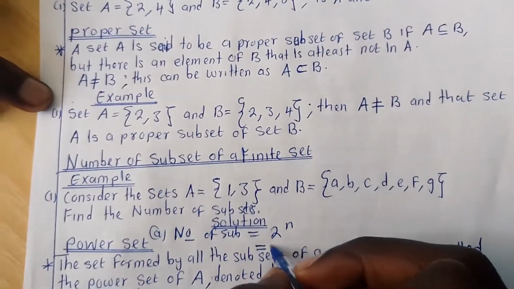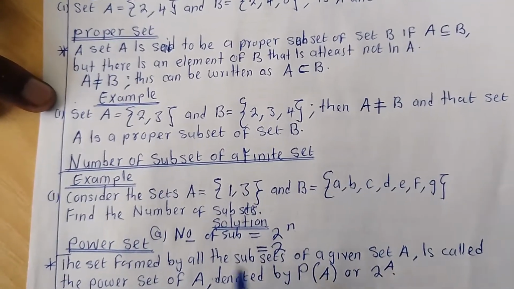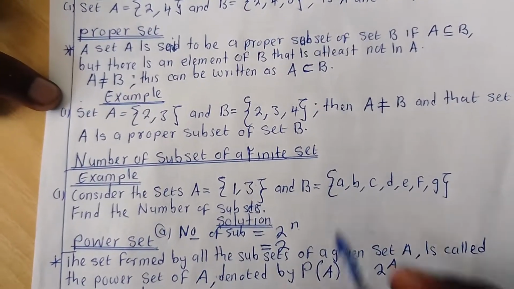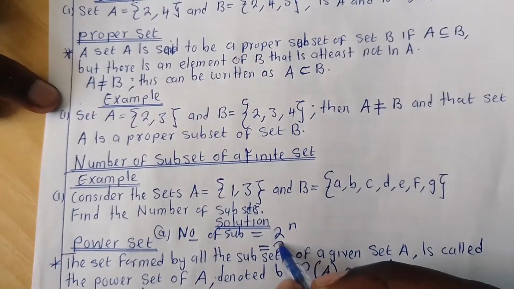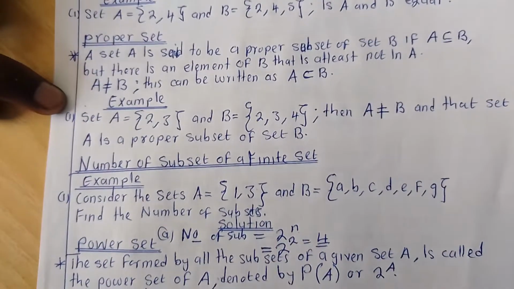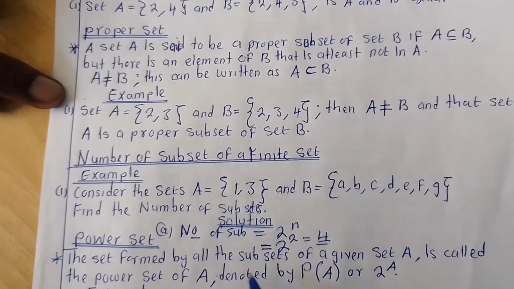Now, n is simply the number of elements in set A. So 2 to the power 2 is going to equal 4. Therefore, we have 4 subsets in set A.